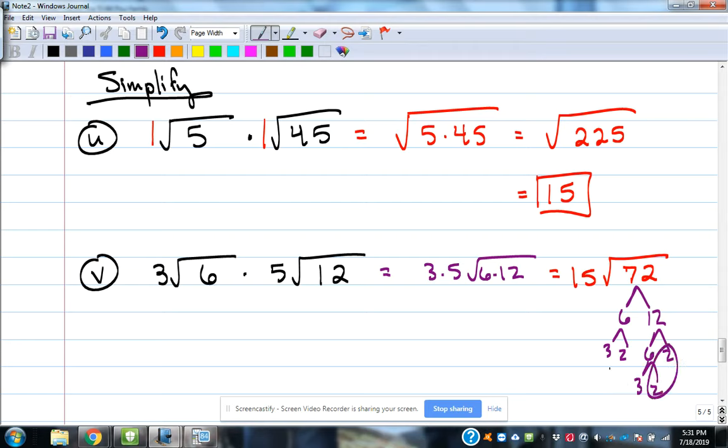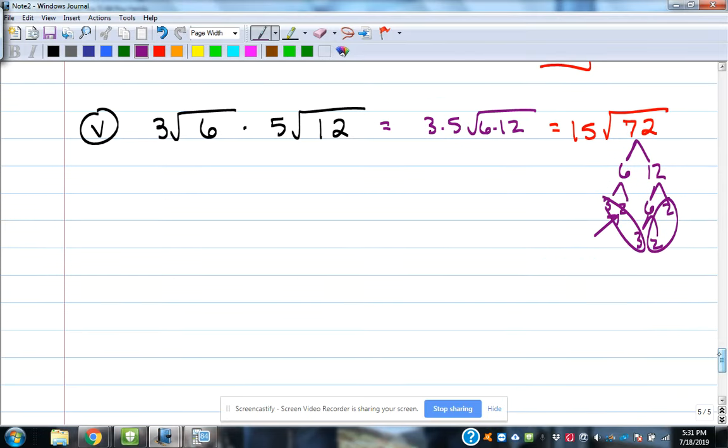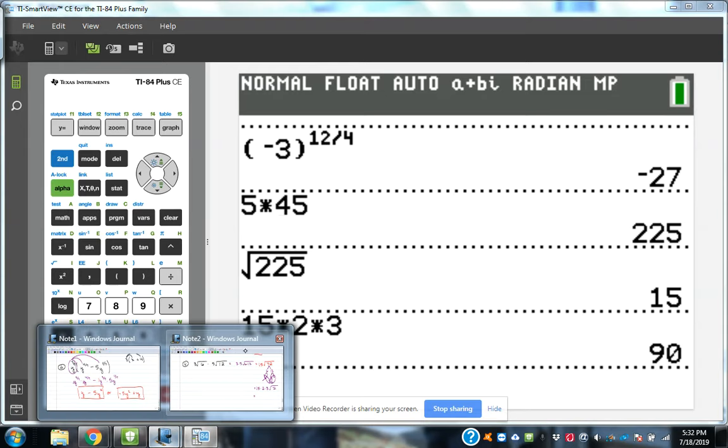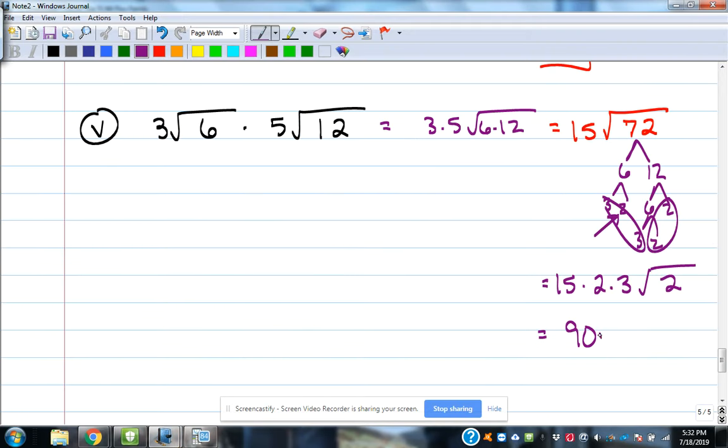So I got 2 pairs of 3s, and then a 2 that's left over. So I got 15 times 2 times 3, and then I got a 2 left over in there. So I need to multiply all this stuff out on the outside. 15 times 2 times 3, 90. End up with 90 square root 2.